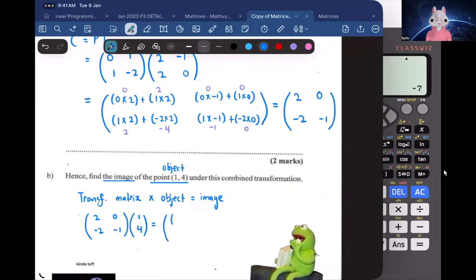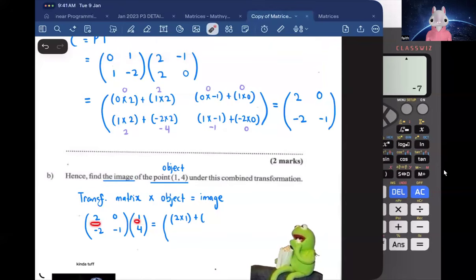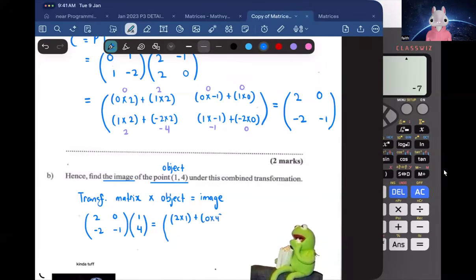So 2 by 1 plus 0 by 4. And then negative 2 by 1 plus negative 1 by 4.